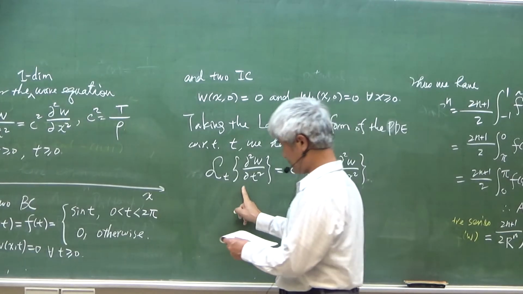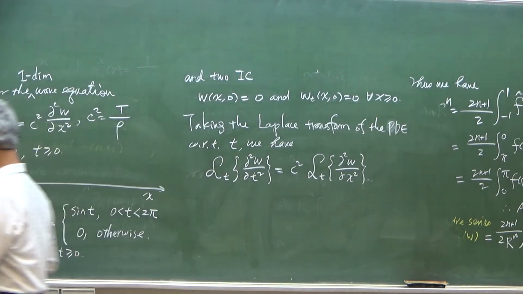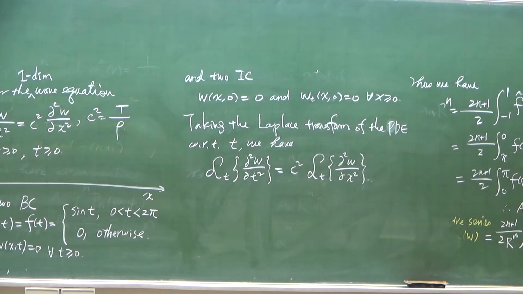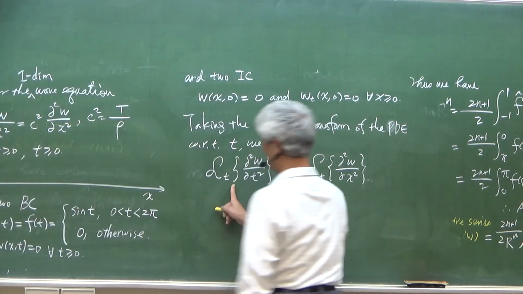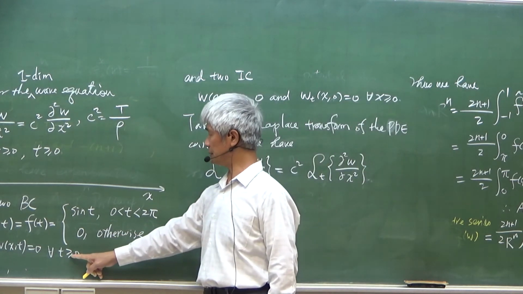And we know from the Laplace transform, this is the one-sided Laplace transform because t is greater than or equal to 0.